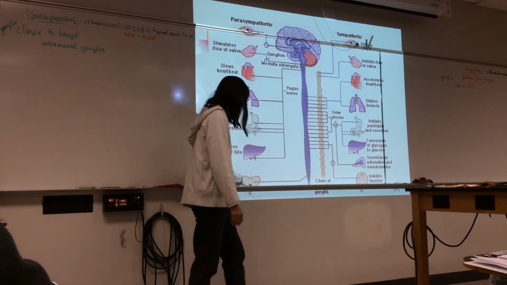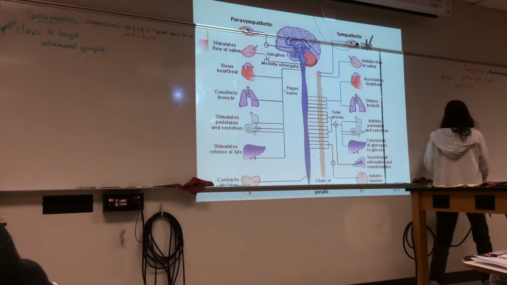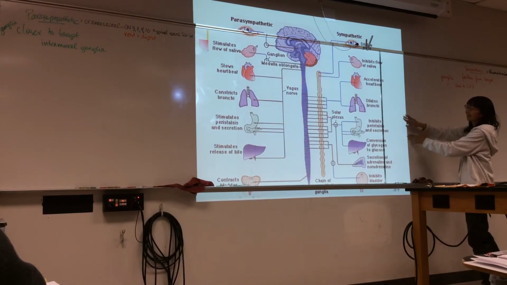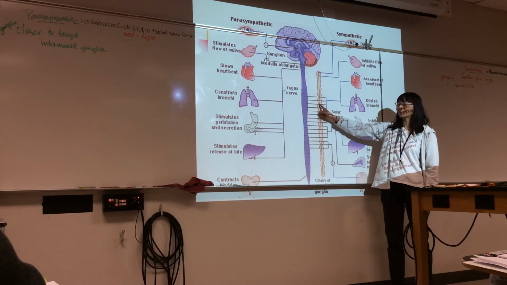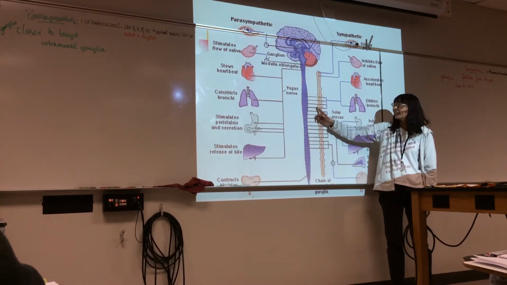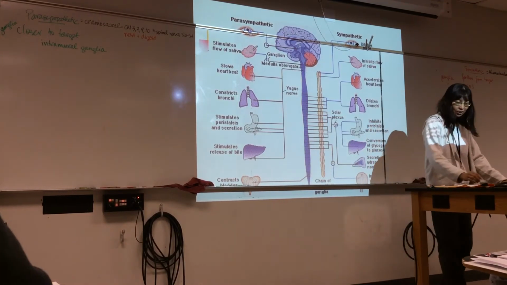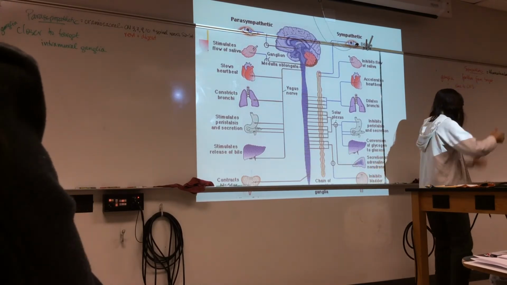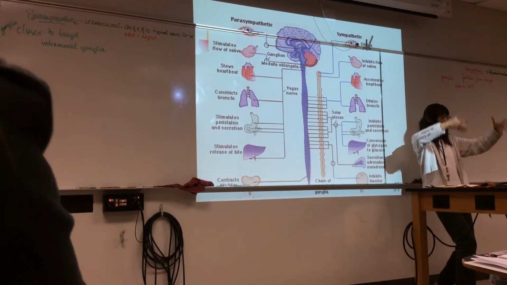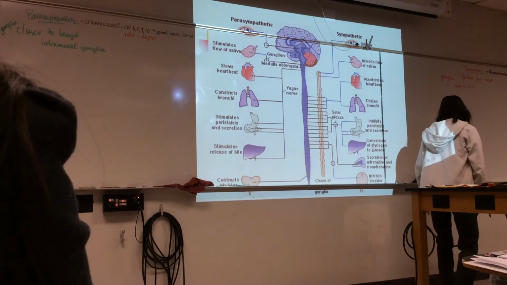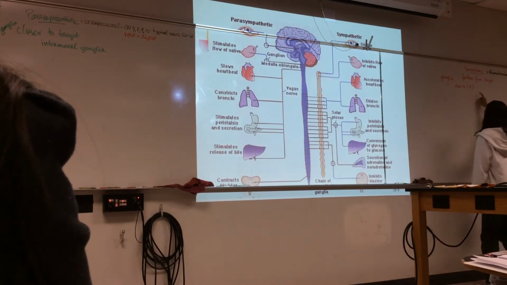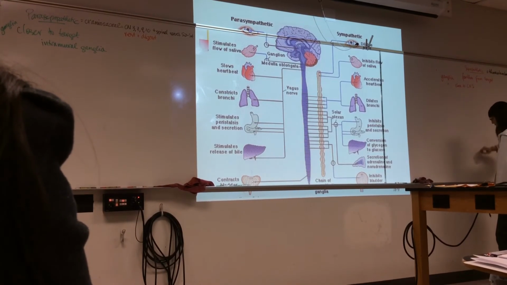Okay? Let's go to this side. Go to the sympathetic. Ganglion is right here, agree? Ganglion is right next door, so it's running parallel, correct? So let's make that a vocab word. Close to the CNS.